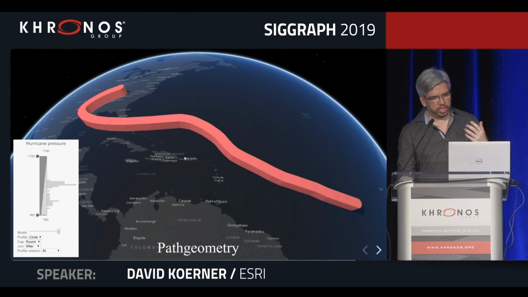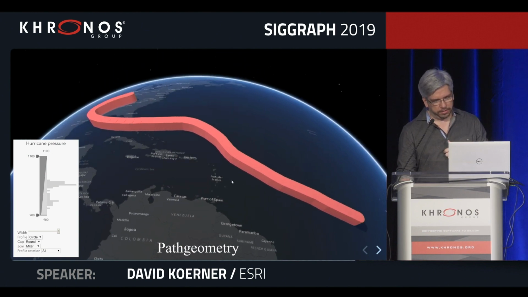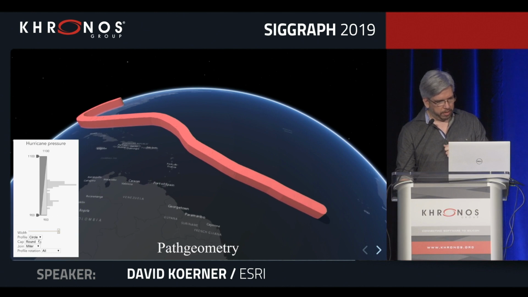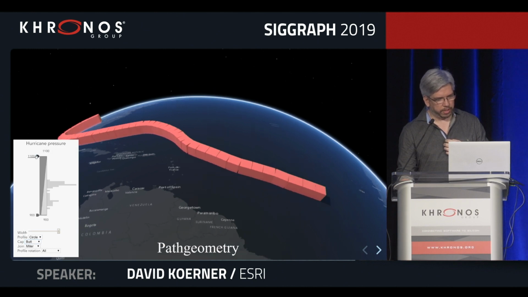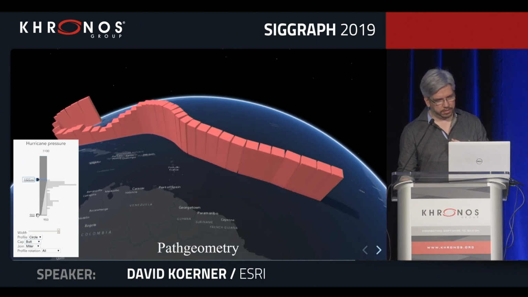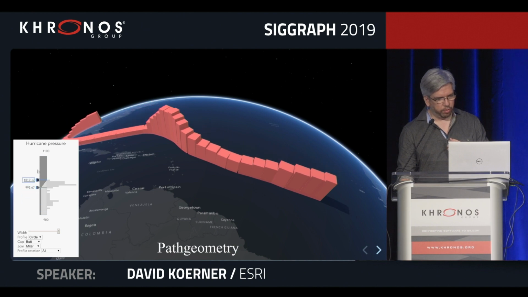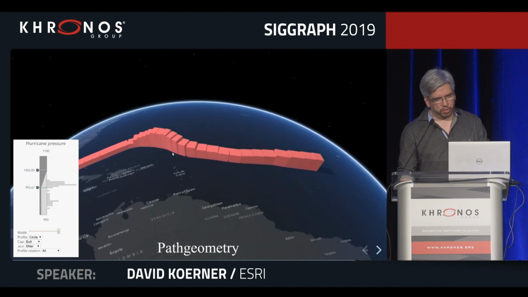So here is the geometry generation. This is the trajectory of the hurricane, and we have these line segments. Now we evaluate the geometry positions in the shader to allow fast updates of the data set and to be able to explore the pressure, in this case, of the data set.